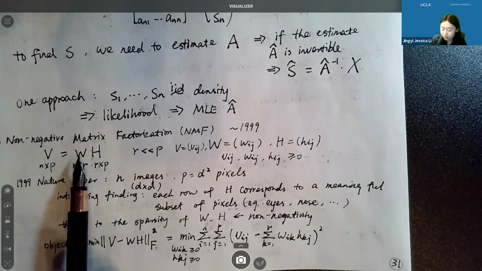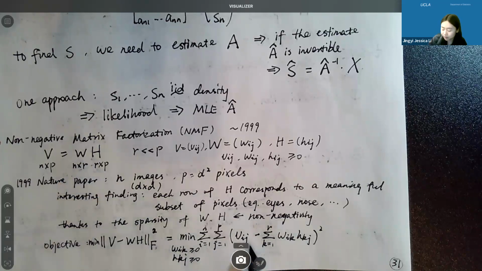So the positive ones and the negative ones all add up together can make this approximation very well. But here you don't allow for negative values for cancellation. Therefore, you have to push a lot of things to zero. And I will say that's the intuition behind why non-negativity introduces sparsity without using math to say it.